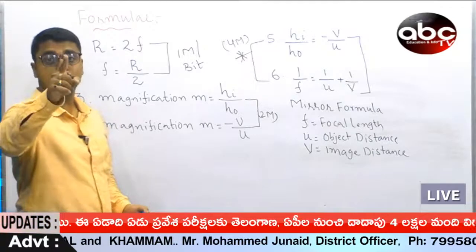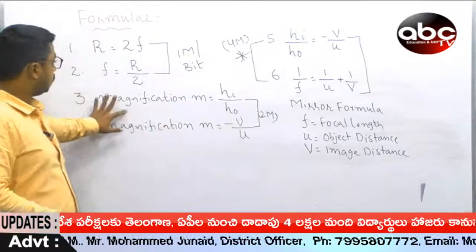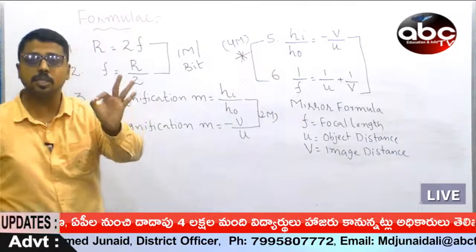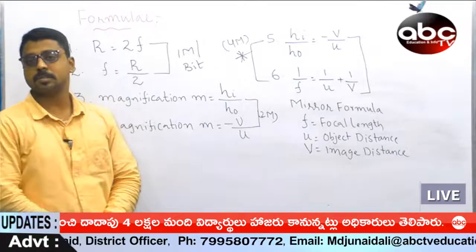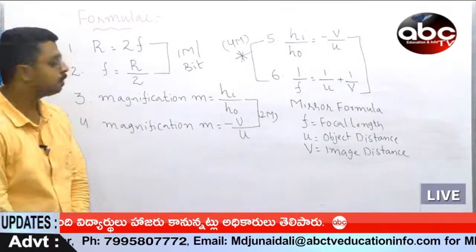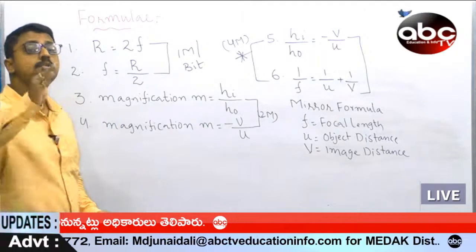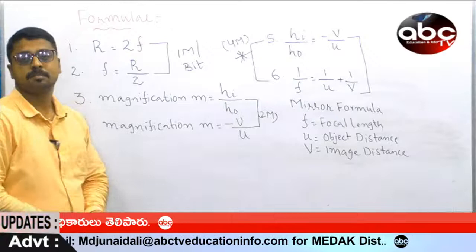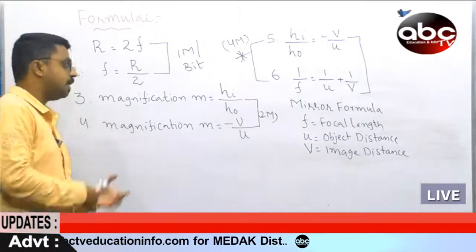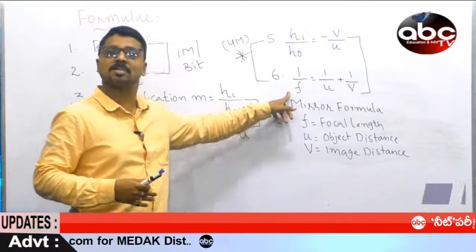And don't forget to remember that ఈ ఫార్ములా అప్లై చేసినప్పుడు you must and should apply the sign conventions, which we discussed in earlier classes. So, now let us analyze how this formula has begun.